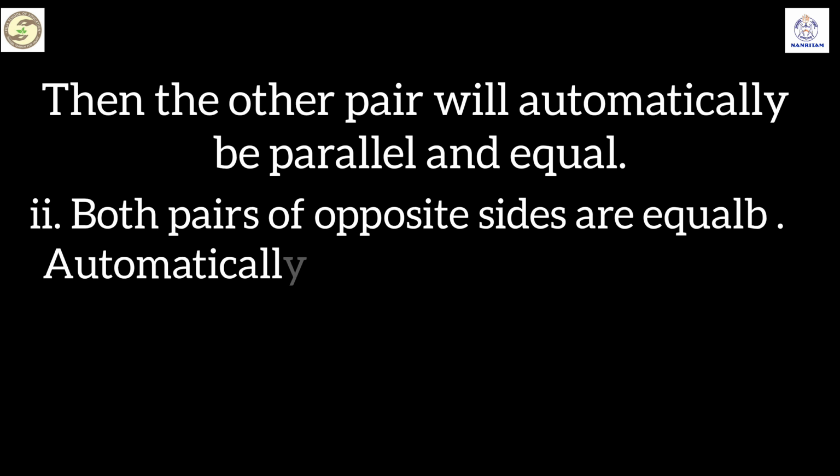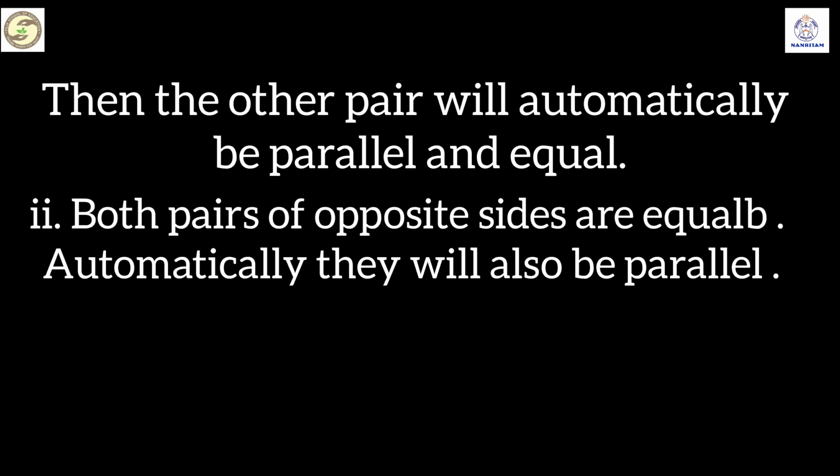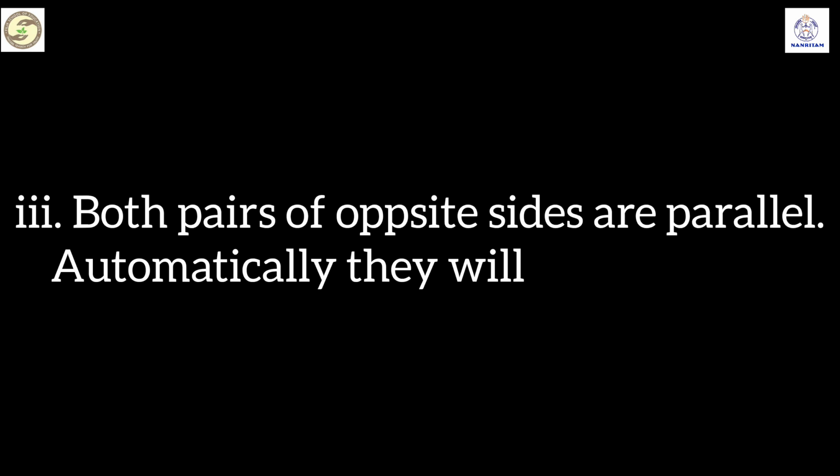Number 2. Both pairs of opposite sides are equal. Automatically they will also be parallel. Number 3. Both pairs of opposite sides are parallel. And again automatically they will also be equal.